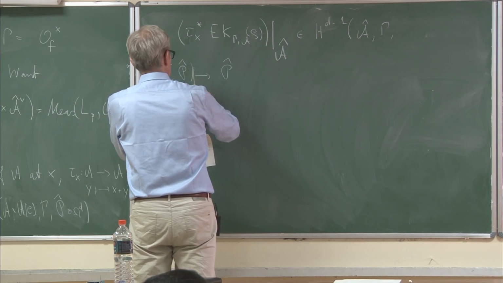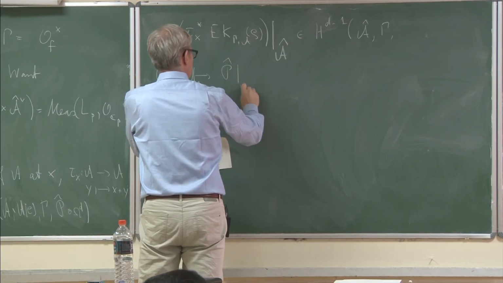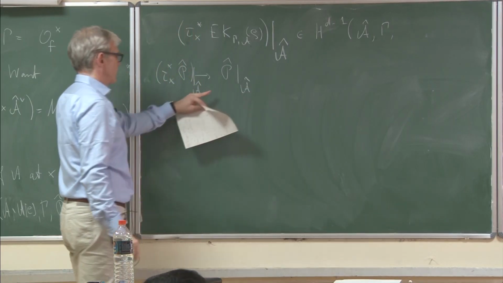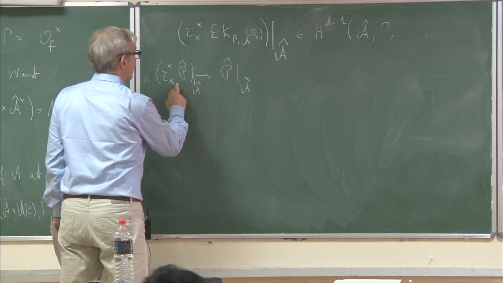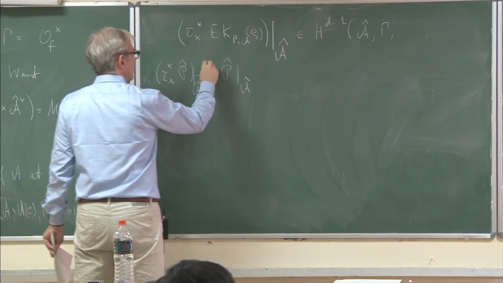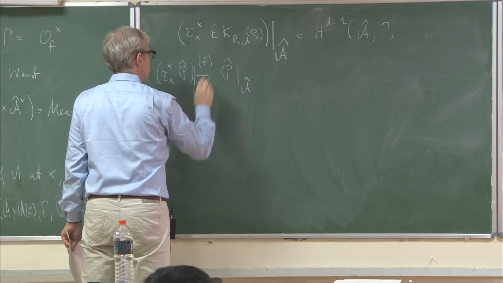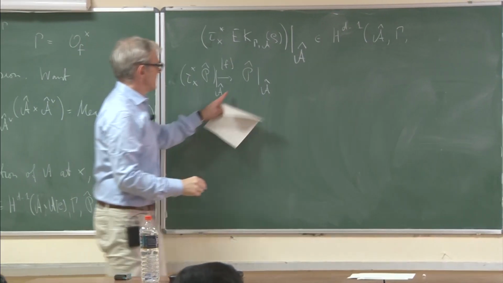So restrict this to A hat. This has a map to this, which is essentially given. Because this is an f torsion point, this is given by f multiplication. And this I use also.